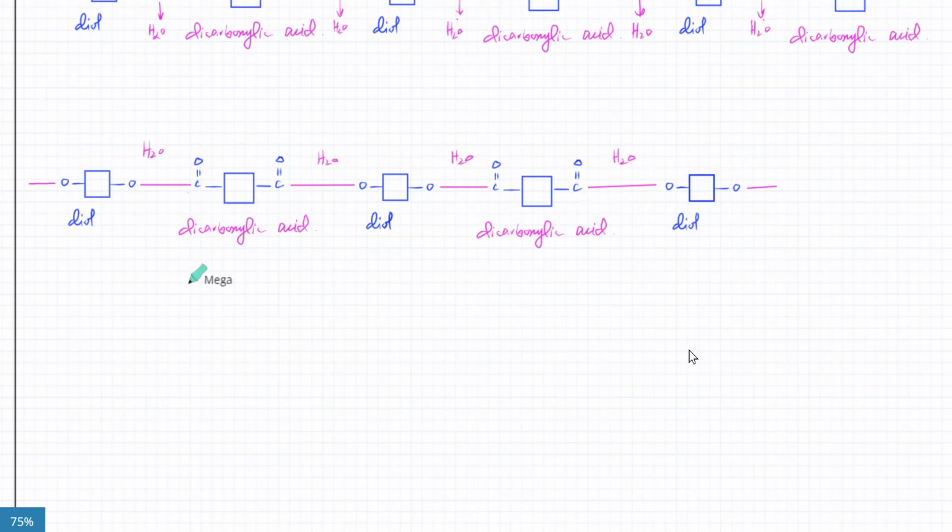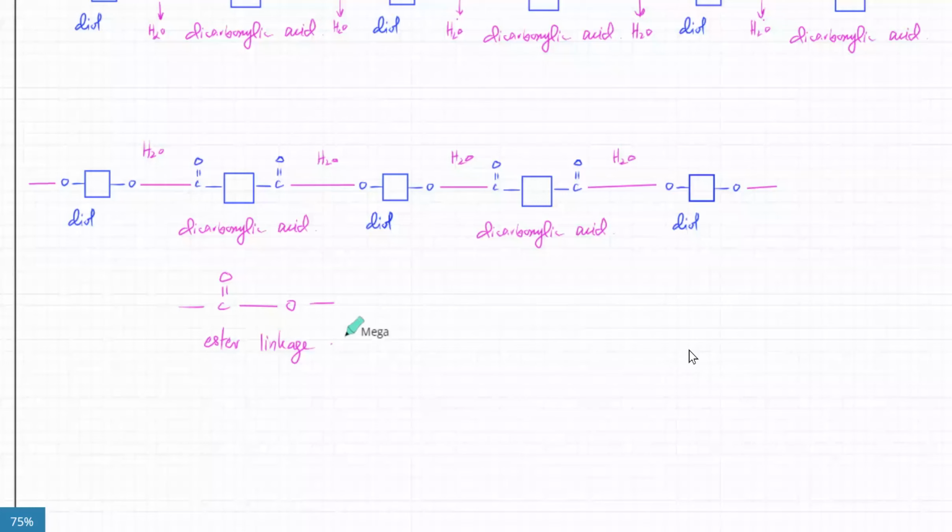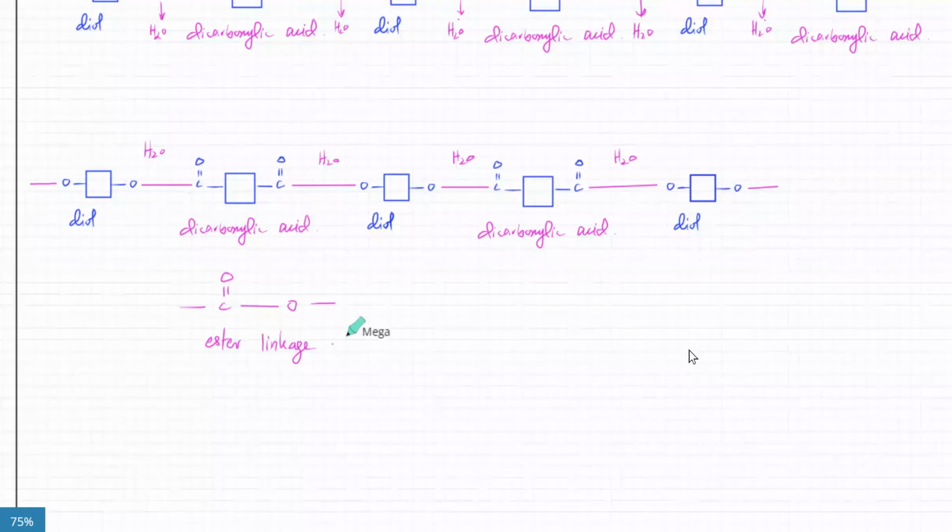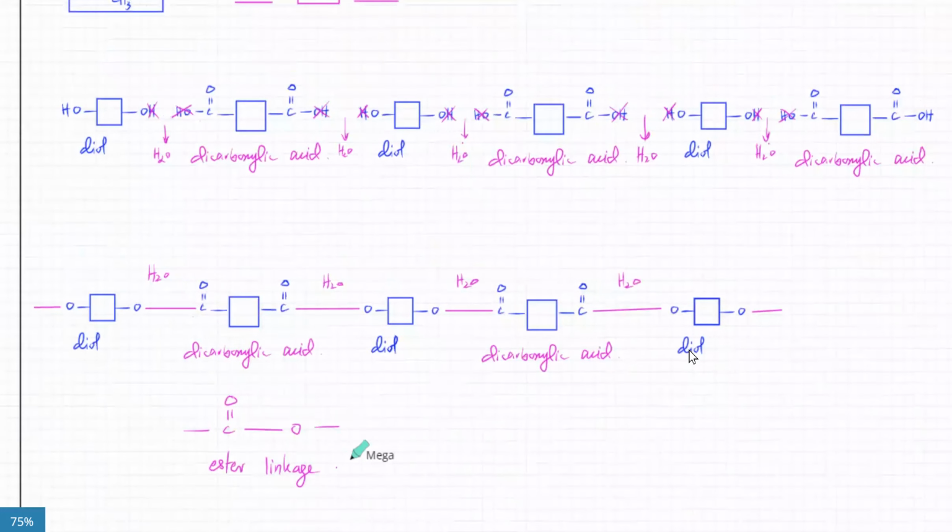An ester link was when you have C double bond O, which is right next to an oxygen. So the linkages were ester linkages, which is why it's called a polyester. Poly means multiple. So you've got many, many ester links. So this is what a polyester would look like. And most of the time, this is exactly what you would be asked to draw.